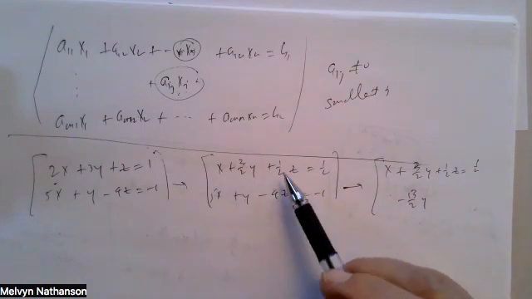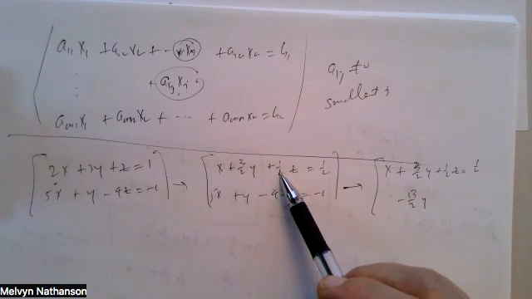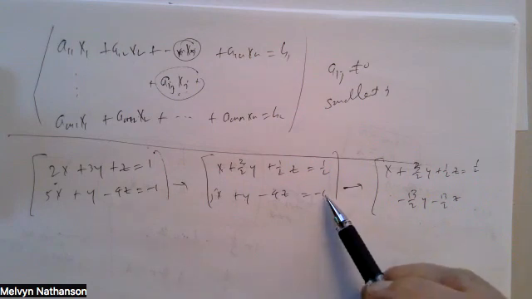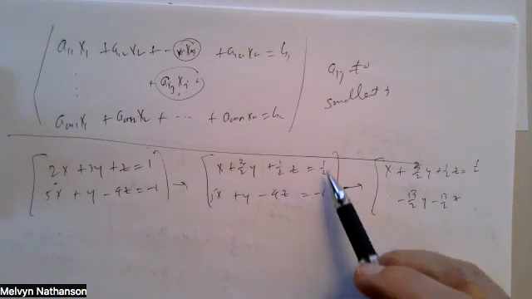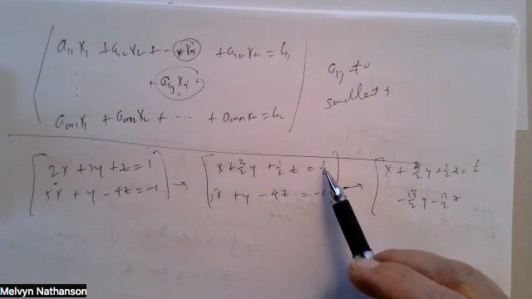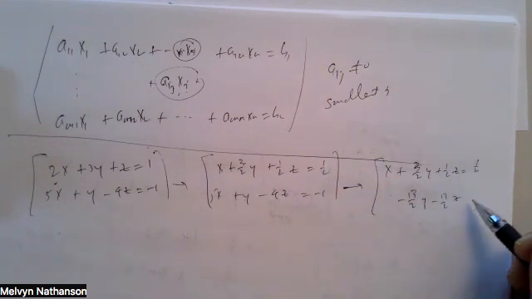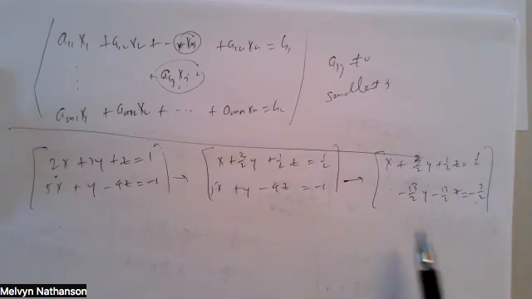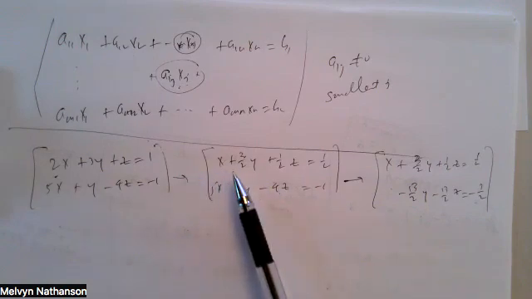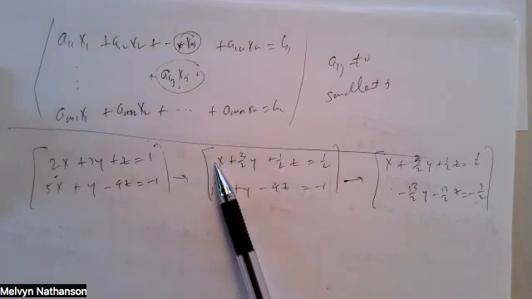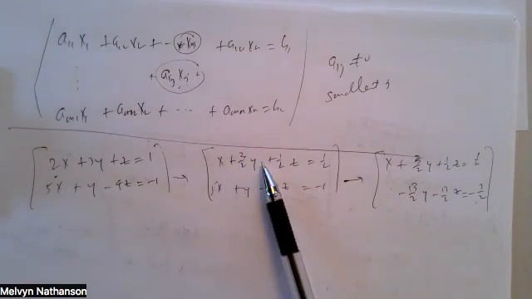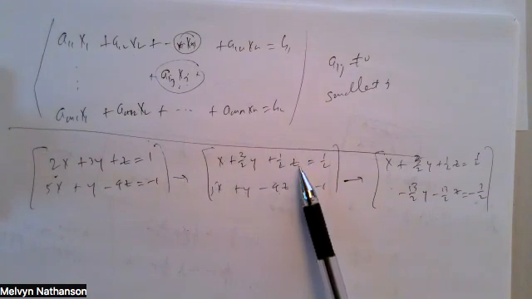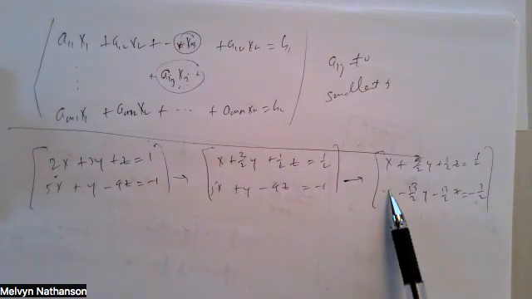And minus 4 minus 5 halves is minus 13 halves z, and minus 1 minus 5 halves is minus 7 halves. So here I did scalar multiplication of the first equation by a half. Here I added minus 5 times the first equation to the second equation. I eliminated the x here.